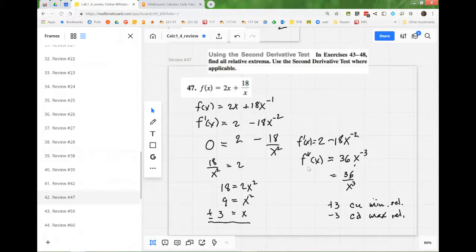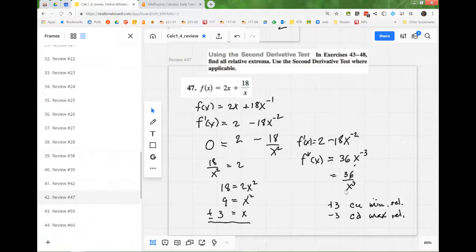If you use the second derivative, it helps because it tells you whether plus 3 is a positive extreme or a negative extreme. The second derivative turns out to be 36x to the negative 3, which is 36 over x cubed. So what's f double prime at plus 3? Well, 3 cubed is 27, so 36 over 27.